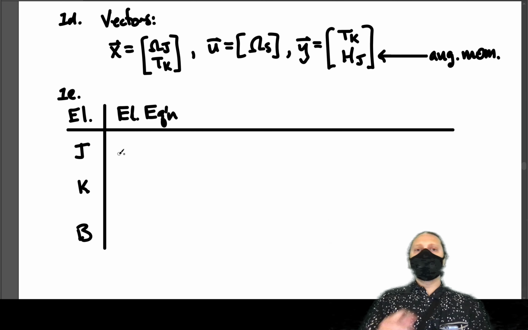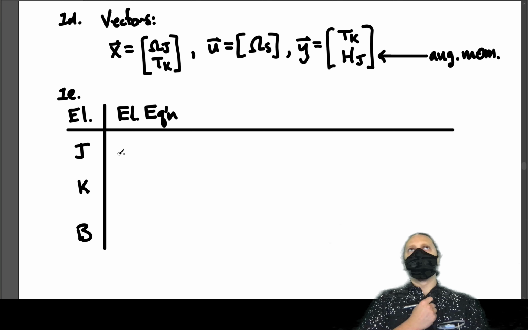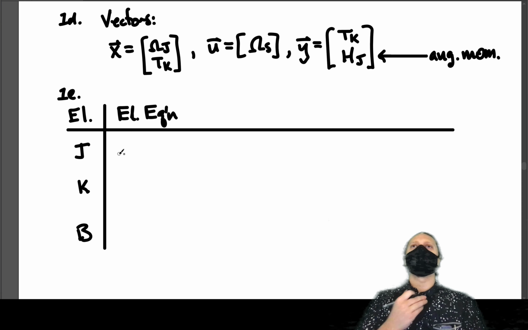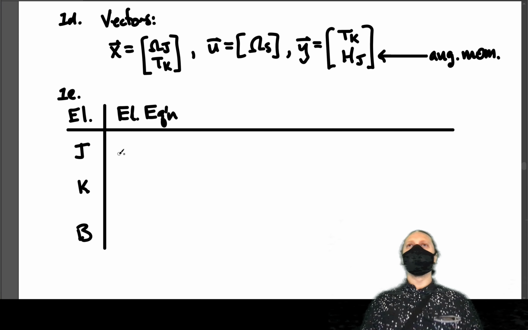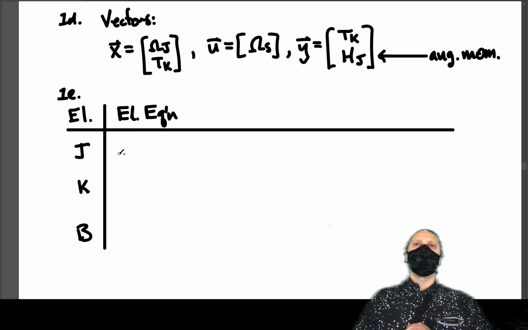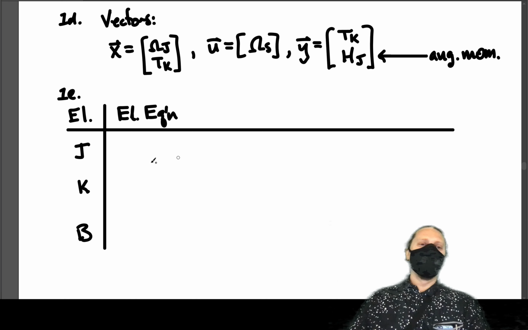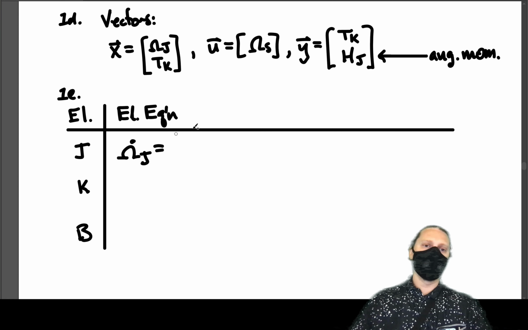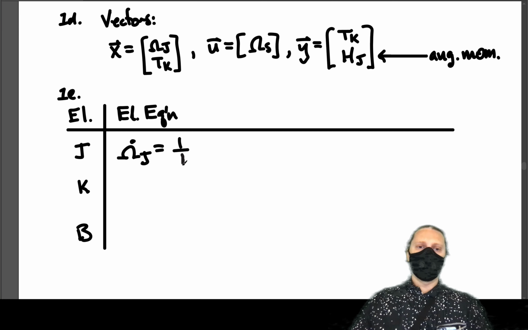The elemental equation, let's use dot notation here because we have no i's, we have no currents because it's not electronic. So we can get lazy and we can use dots. I love dot notation. So we can use omega j dot equals 1 over j times Tj for the elemental equation for the moment of inertia.